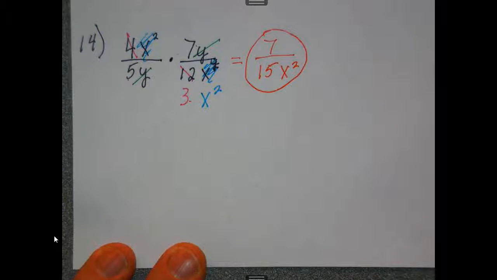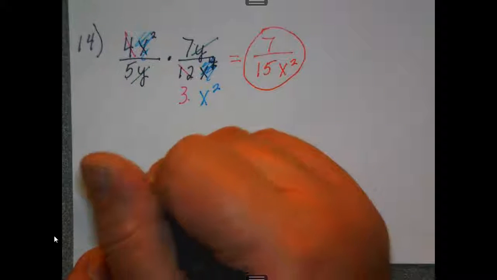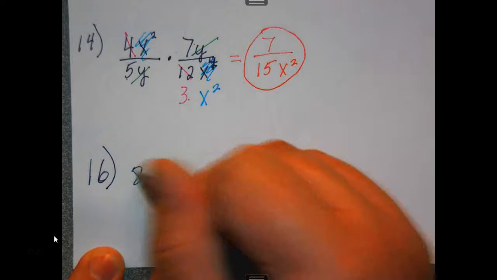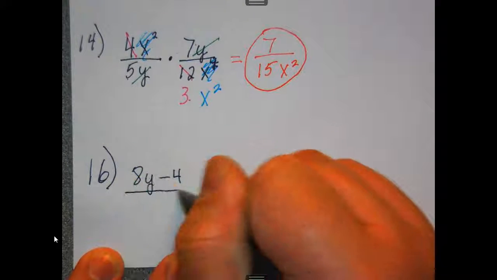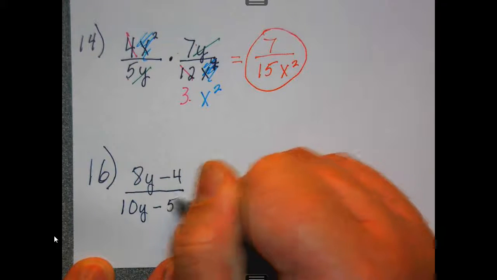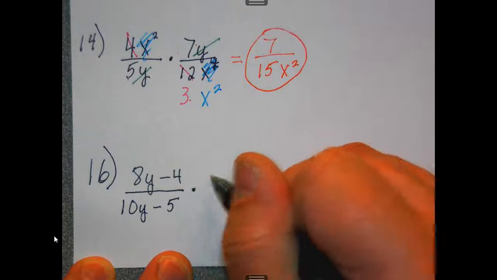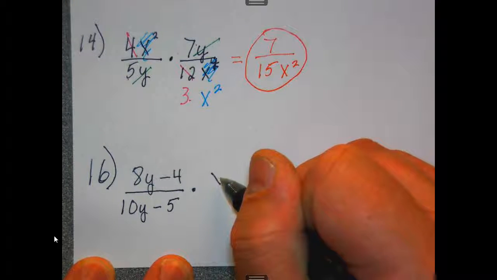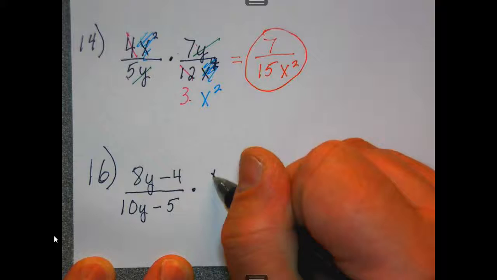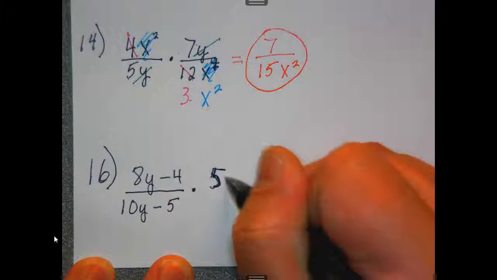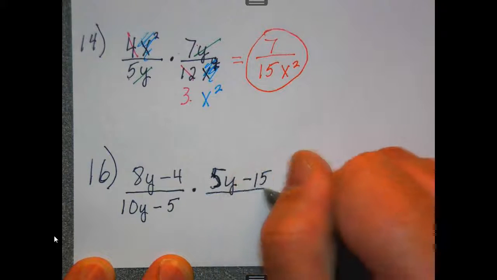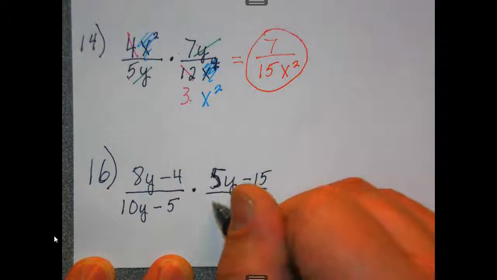All right, number 16. I have 8y minus 4 over 10y minus 5 times 5y minus 15 over 3y minus 9.